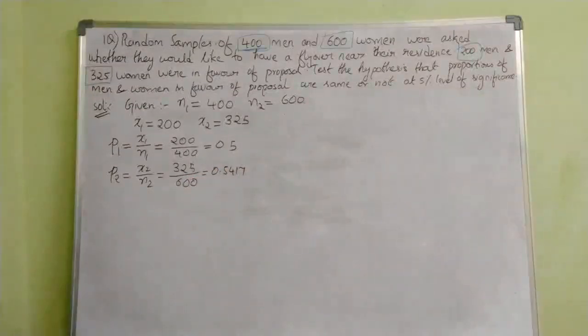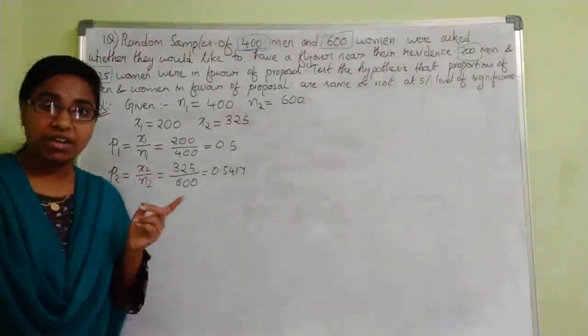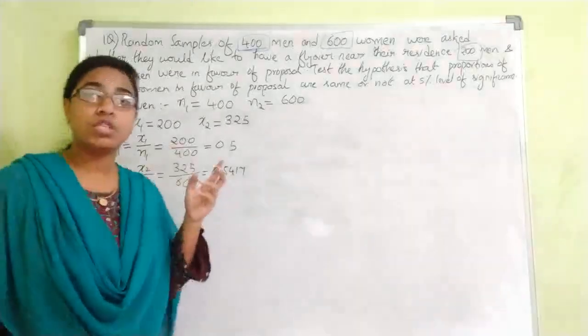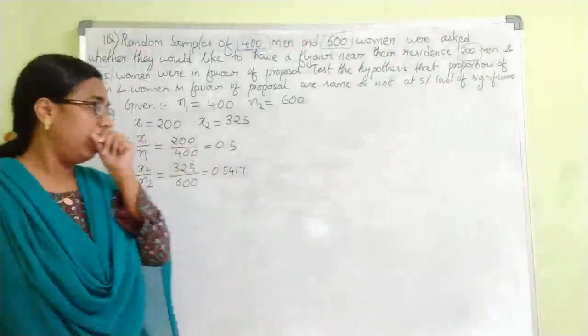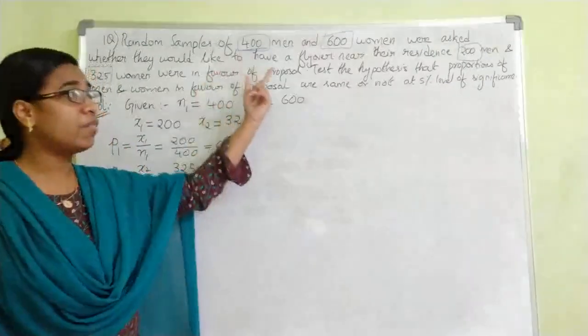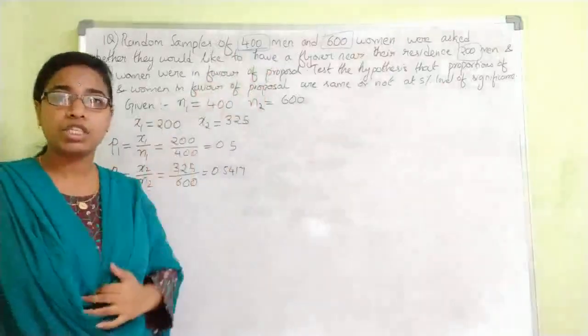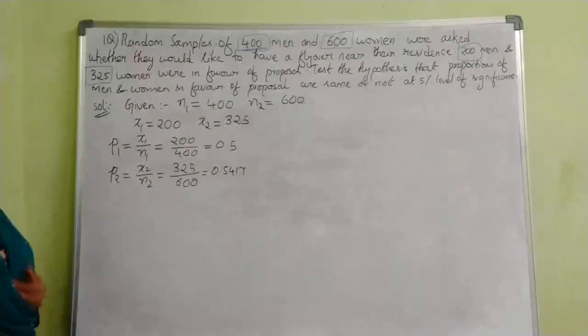Next, for our null hypothesis, we want the P value. We are assuming that P1 equals P2 equals capital P. So what is the P value? Is the population proportion given anywhere? In the question, nowhere is the population proportion given.